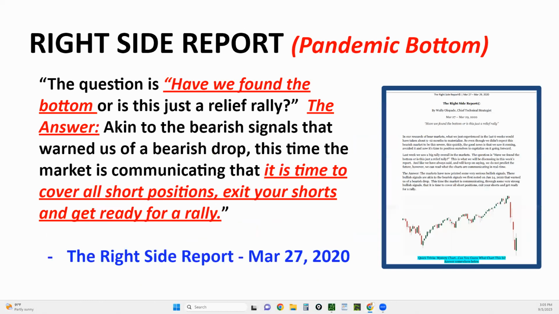Here is the bottom, the pandemic bottom, as you can see, when everybody was panicking that the whole world was shut down and we were going into the great recession and possibly even another Great Depression in March of 2020.